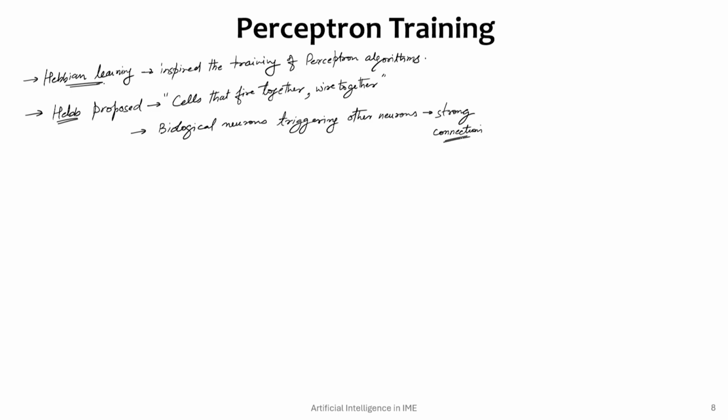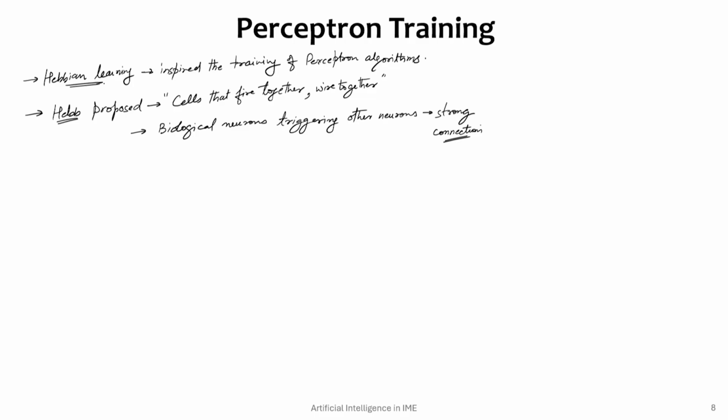If you remember, there were synaptic terminals in a simple biological neuron, and if they are sending more neurotransmitters to another neuron that is connected to it, then the connection between those two neurons gets strong. Based on this inspiration, we will start training our perceptrons.